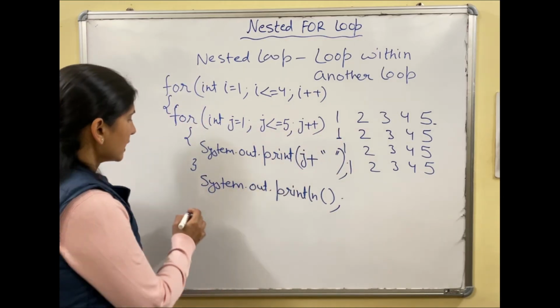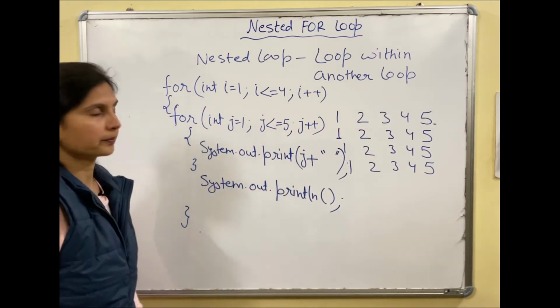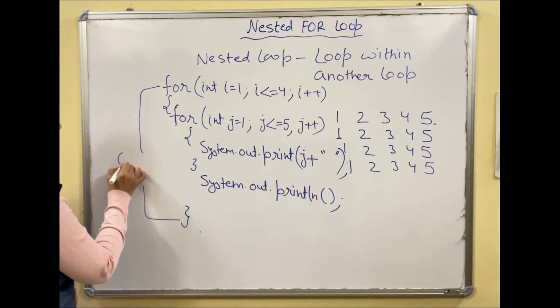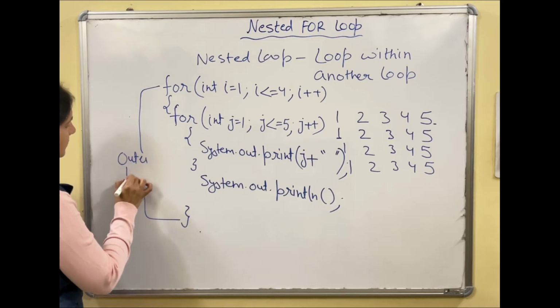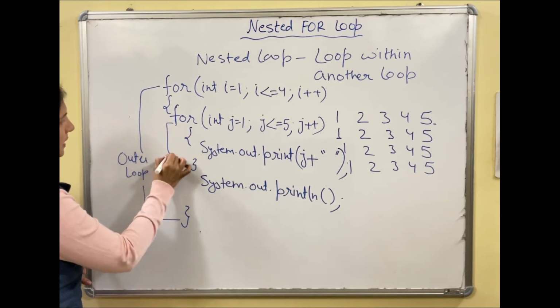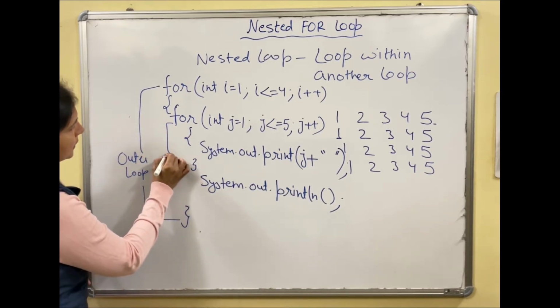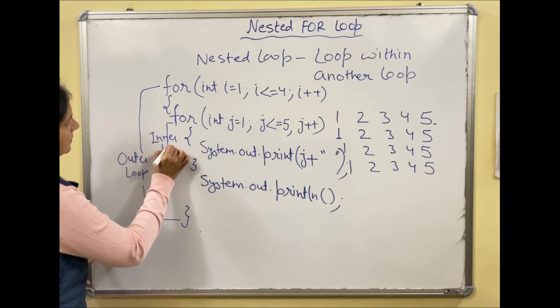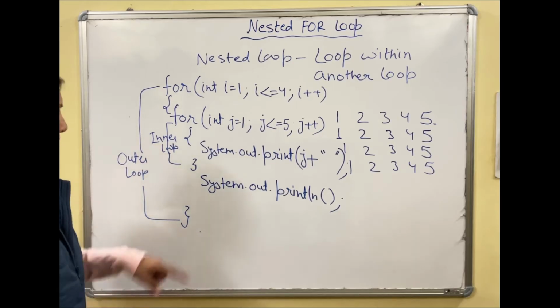Right? Now see, now we will close the outer loop. So this is the outer loop, this one, right? This is the outer loop and this one is the inner loop, this one, inner. Right? This is the inner loop.